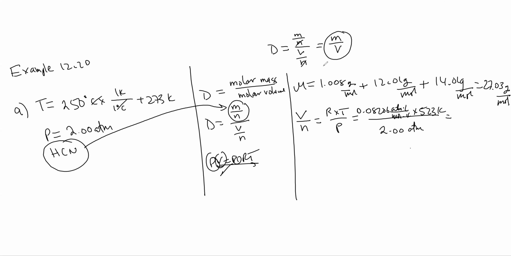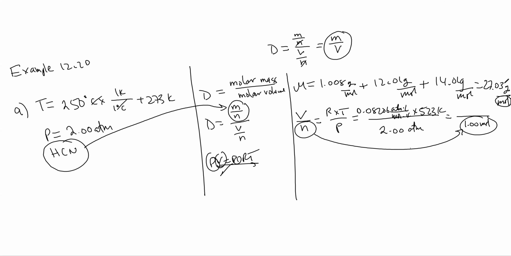Okay, here you go. Let me find out this ratio here. I want to make sure you understand that this N is just 1.00 mole, because remember, this is the molar volume.